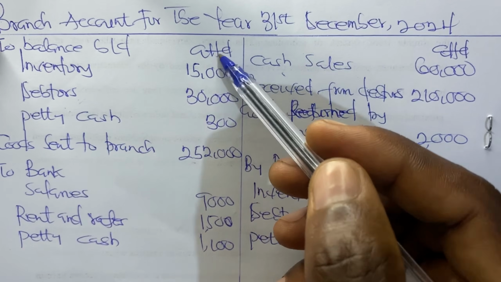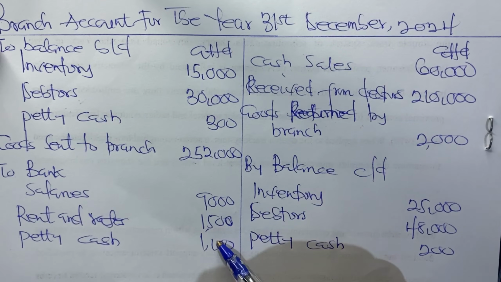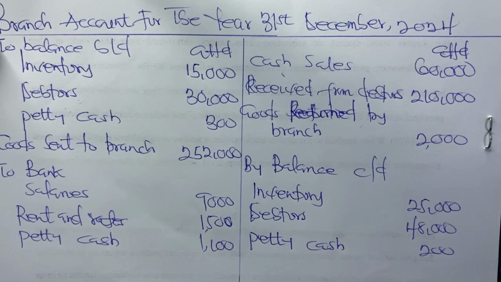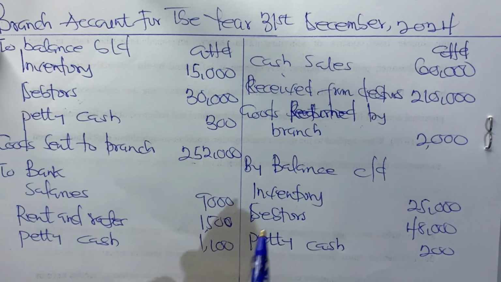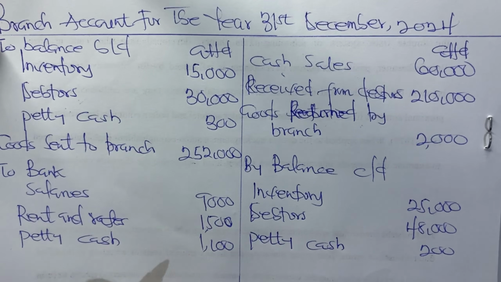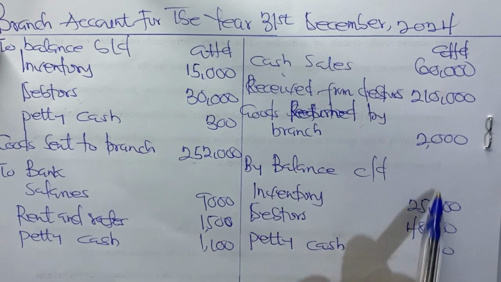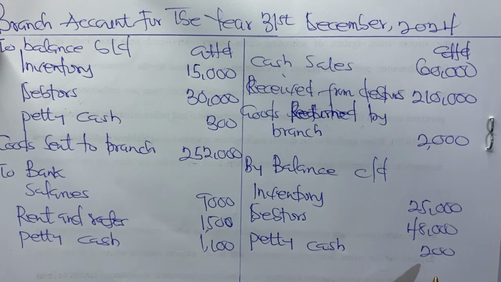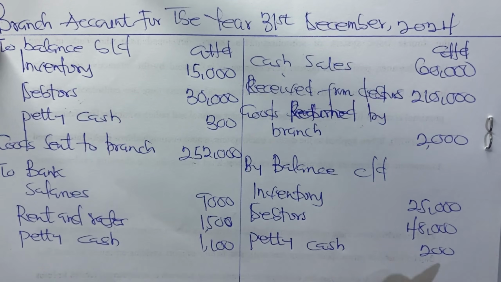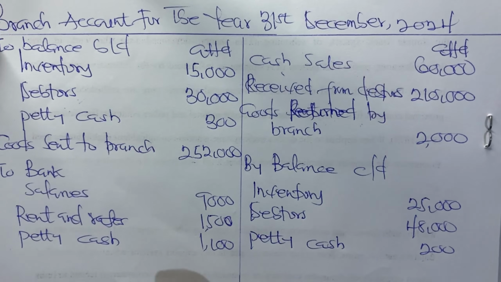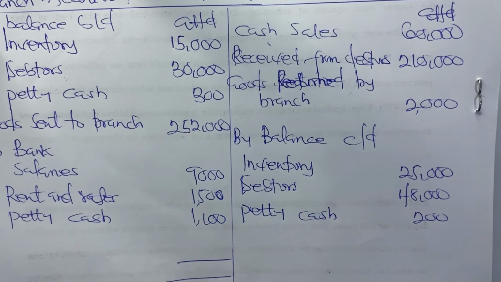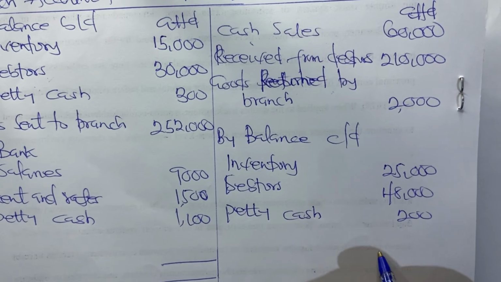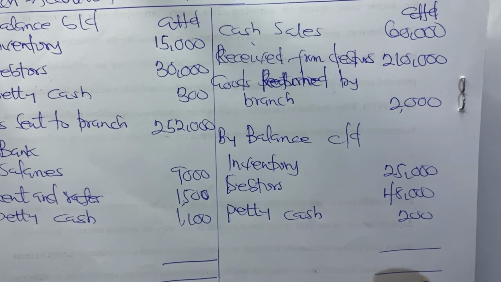So when we add all figures at the debit side, we arrive at an amount of 308,900. That's the debit side. And when we add everything here, we arrive at 345,200. The credit side is the bigger, so we consider that as the total, right? We take that as the total.